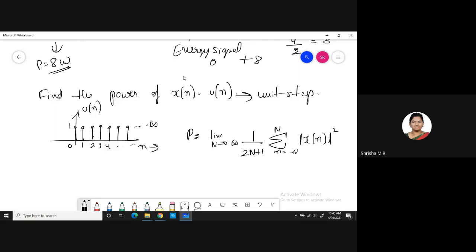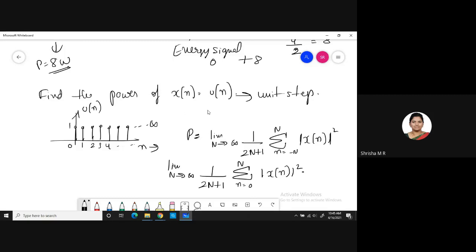Okay. So our signal will exist from 0 to infinity, right? So we'll try solving this. I have limit n tends to infinity 1 by 2n plus 1, and I have summation from n is equal to 0 up to capital N, into x of n whole square.